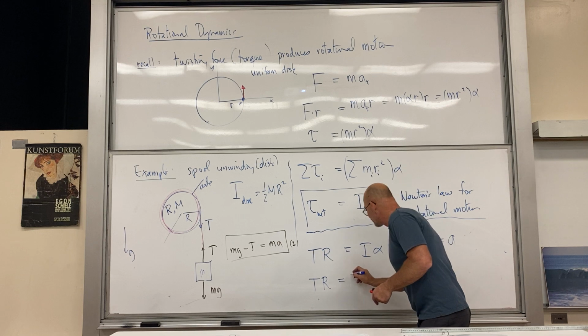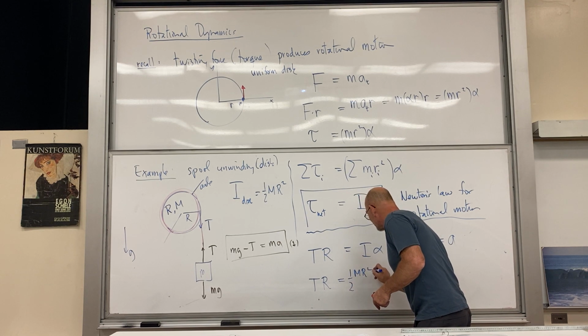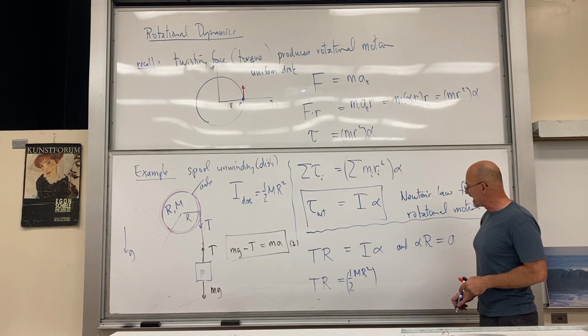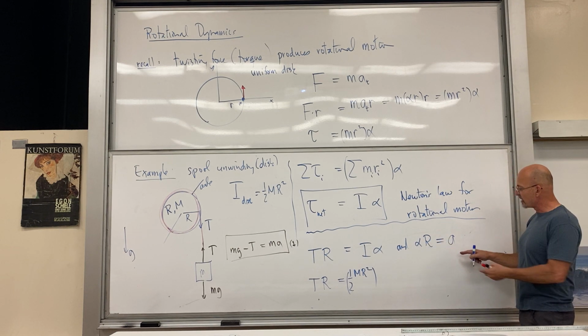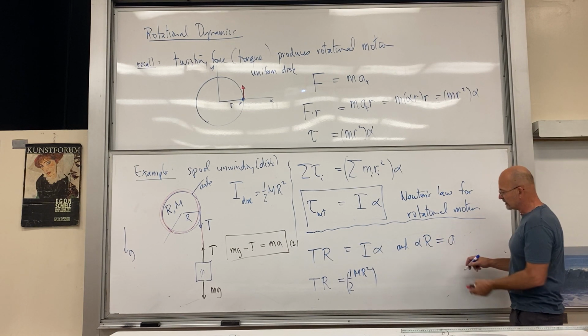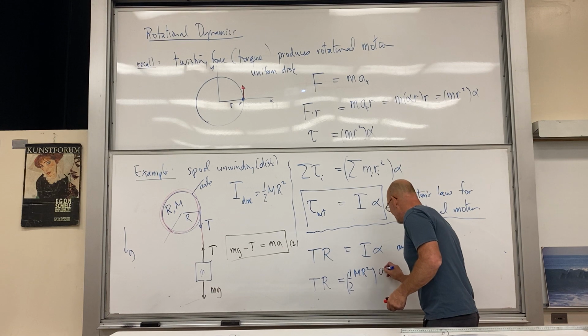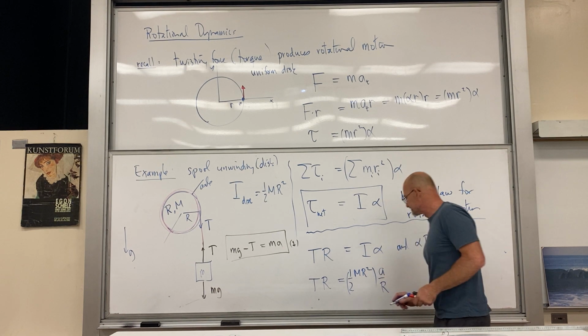So we'll substitute 1/2 mr squared for I, and alpha is going to be A divided by R. Divide both sides by R here. So A divided by R.